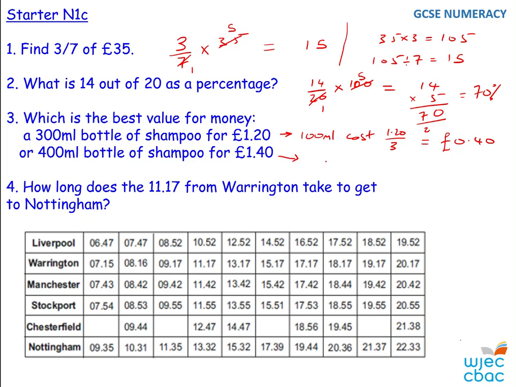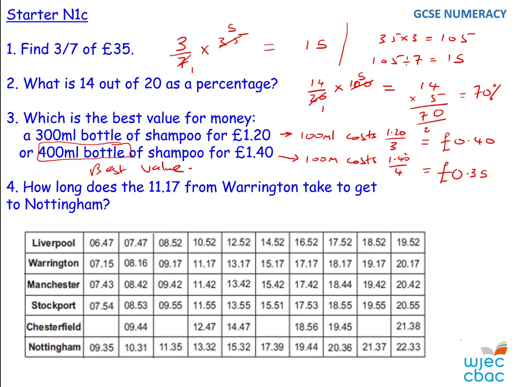So, similarly, 100 mil costs £1.40 divided by 4. Write it as a fraction. Okay, and that's going to be 4 into 14 gives me 3. Carry 2. And 4 into 20 is 5. So 35 pence versus 40 pence. So best value for money, remember we have to answer the question, is the 400 ml bottle. There you go, that's your best value for money.